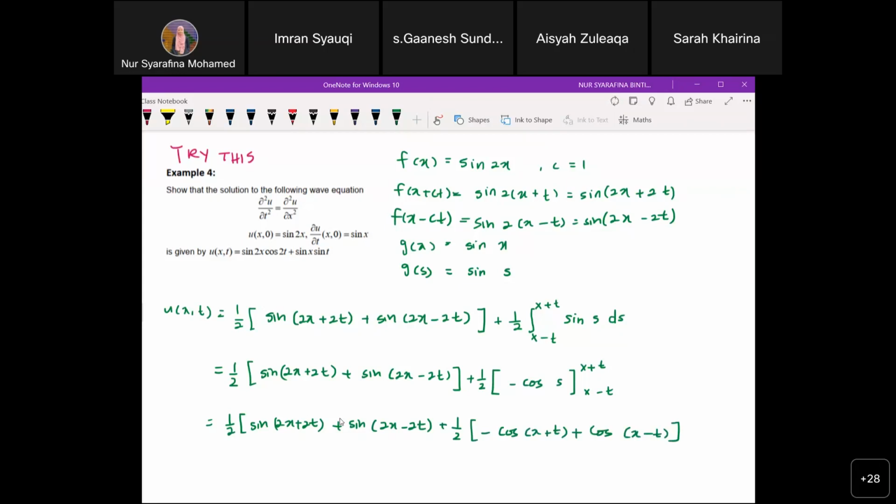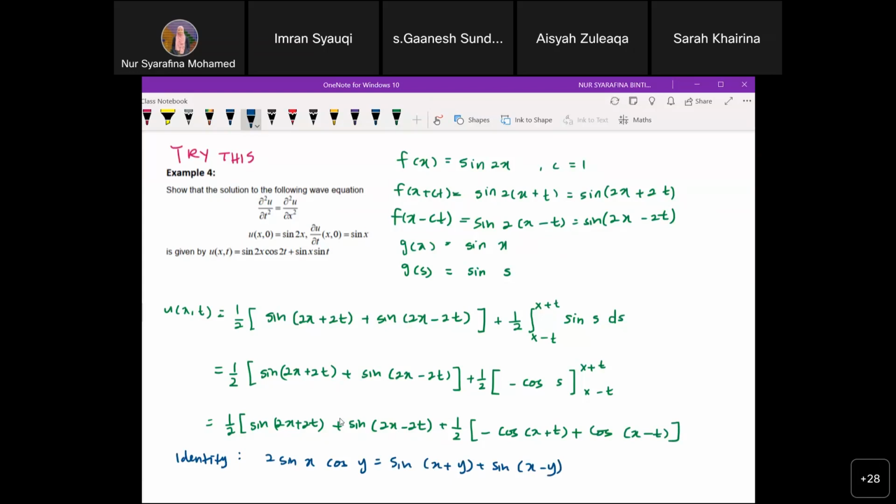All right, and then by using the identity, the same with the previous one, we have 2 sine x cos y equals to sine x plus y plus sine x minus y.